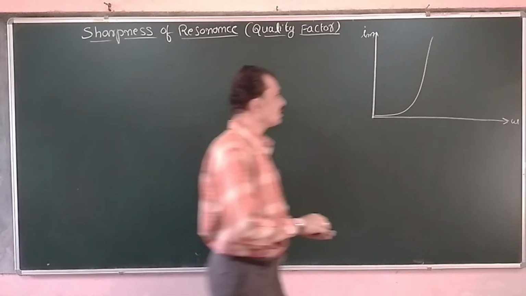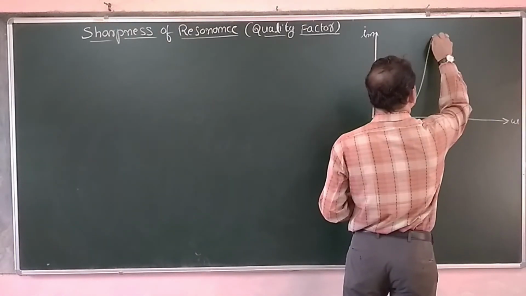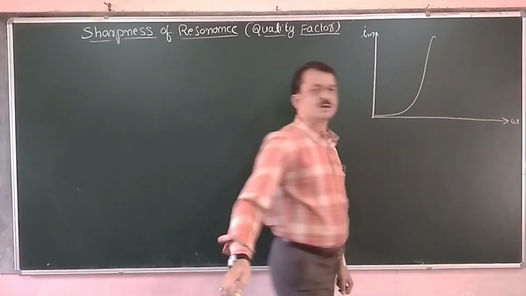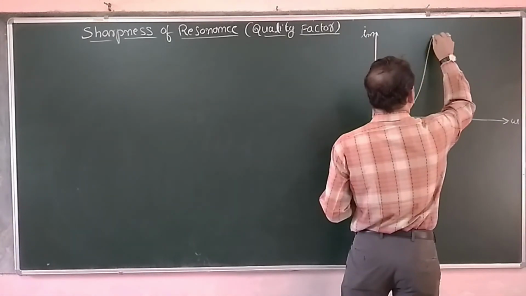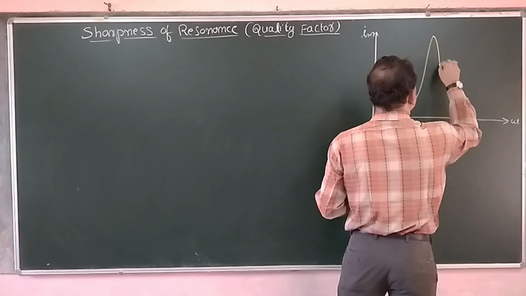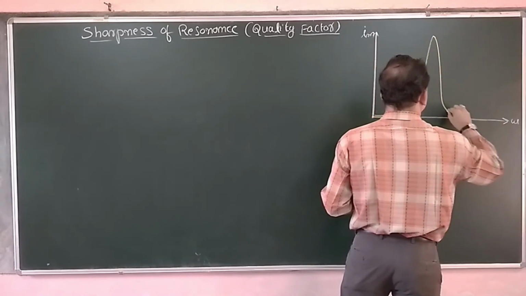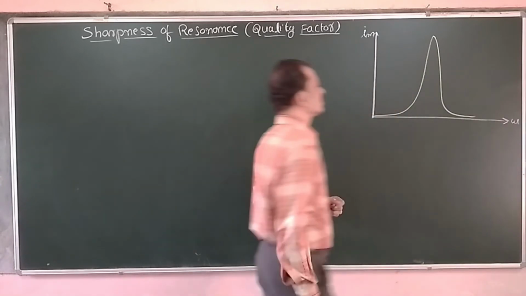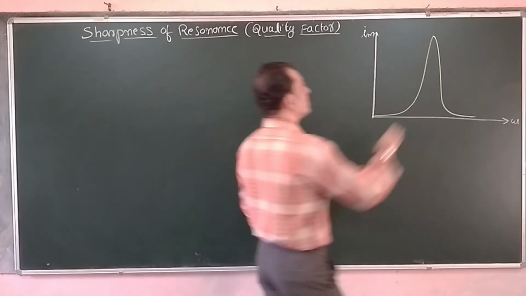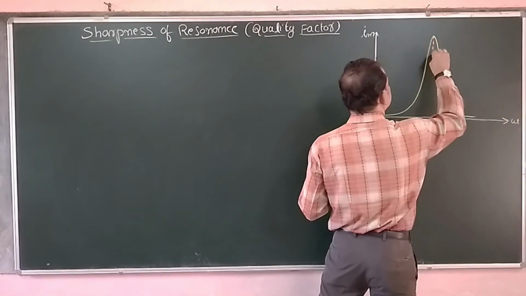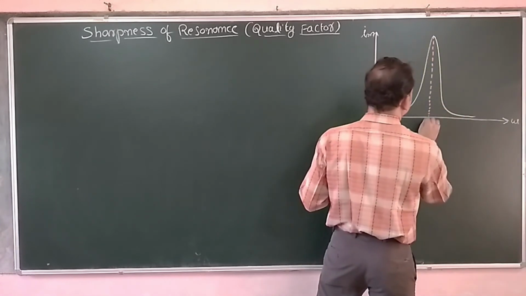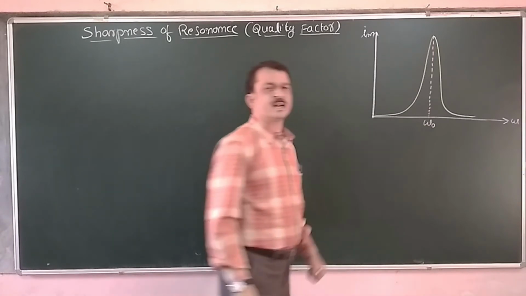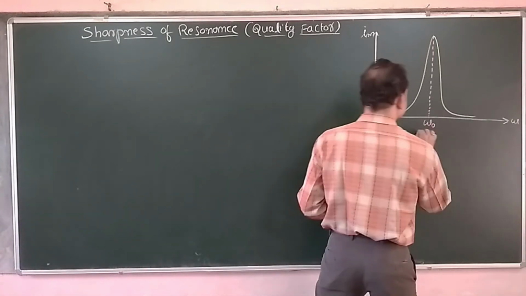That particular frequency we have called the resonant frequency. Above the resonance frequency, the current goes on decreasing and we obtain a curve like this. This is the particular frequency at which the current is maximum, the resonant frequency.